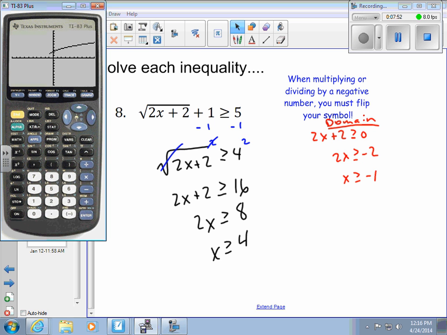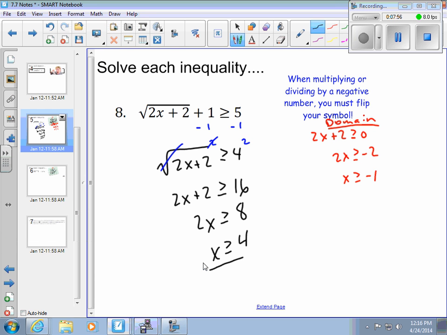Okay, so let's put these together now. We know we have to be greater than or equal to 4 to make this one true. The domain says it has to be bigger than negative 1. Well, in this case, if you look at the symbols, the symbols are pointing the same way. They weren't doing that on the last one. If we have to be bigger than 4 to make this true, we are automatically going to be bigger than negative 1.